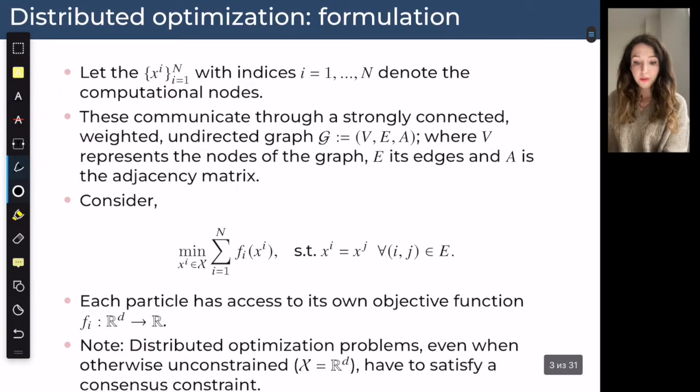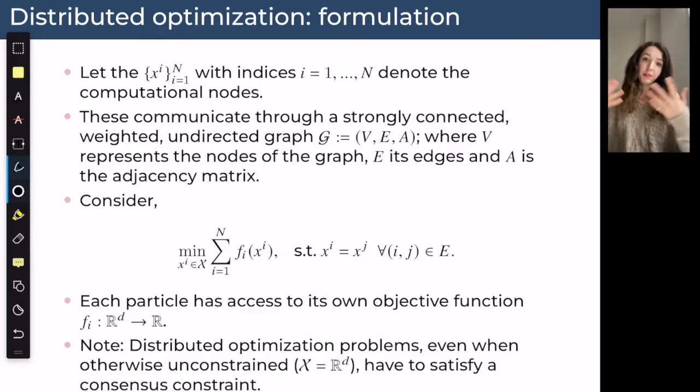So how does this look if we were to formulate this using formulas? As I said before, we call all of the nodes in our system xi. Again, these can be devices, these can be processors, these can be anything that can store a particular amount of data or a particular kind of objective function.